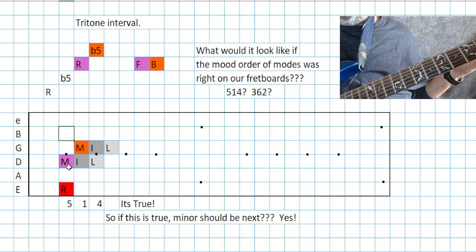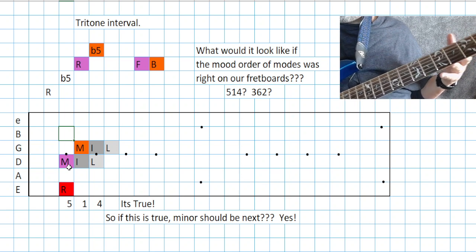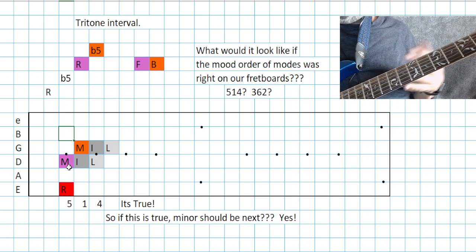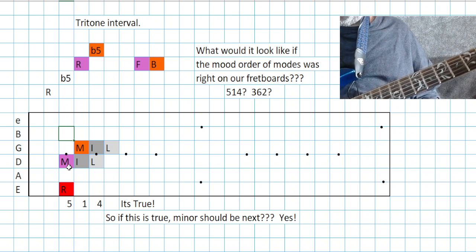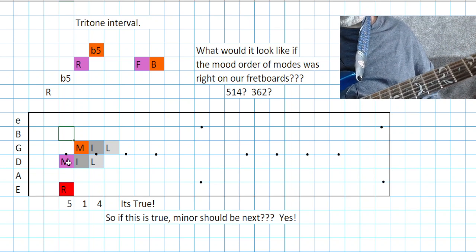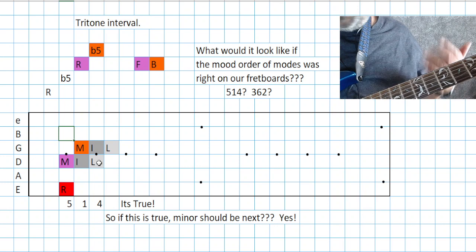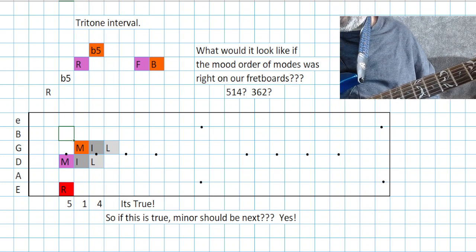G Mixolydian is from the C major scale. G Ionian is G major, right? These are half a world apart. As far as scales go, how can they be so closely related on the fretboard? But it turns out that they are.